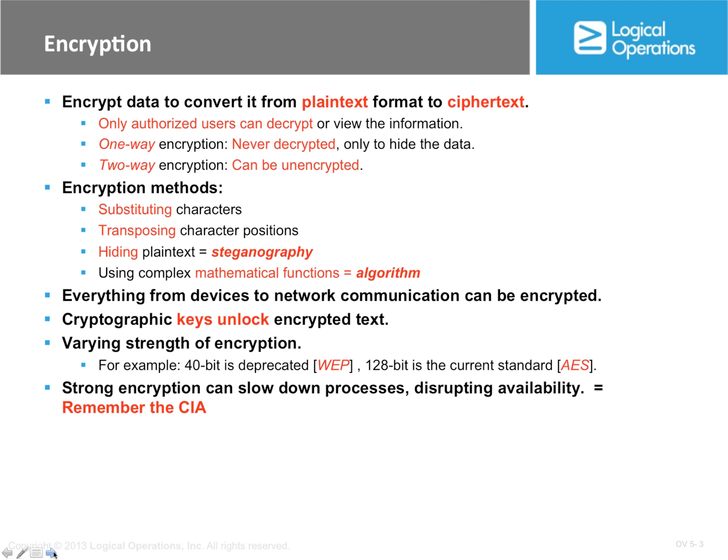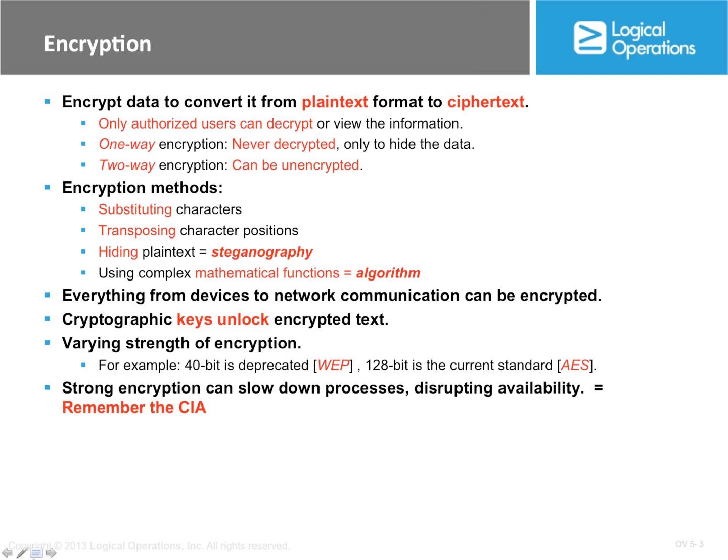Now the government has moved, for instance, into 256 being the required baseline for encryption strength. So once again, there's no right or wrong. It all depends on the ecosystem that you are going to employ it in, and what fits best to balance the CIA within your own environment and your own organization.